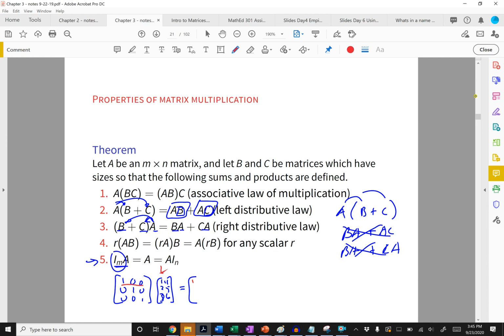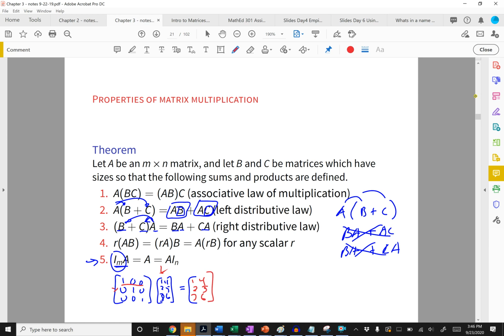First row times the second column, 1 times 4 and zeros otherwise, so 4. Second row times the first column, everything's 0 except 1 times 2, so 2. Second row, second column, 1 times 5, so 5.